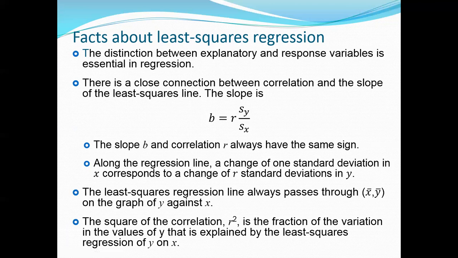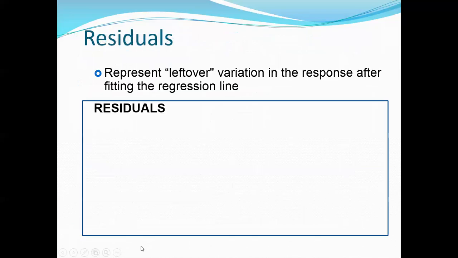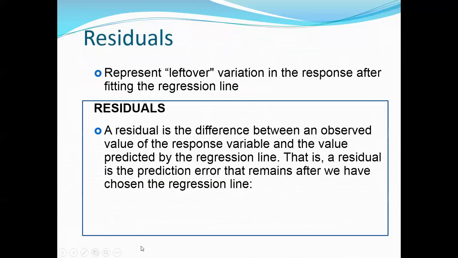The square of the correlation, r squared, is the fraction of the variation in the values of y that is explained by the least squares regression of y on x. Residuals. Residuals represent leftover variation in the response after fitting the regression line.